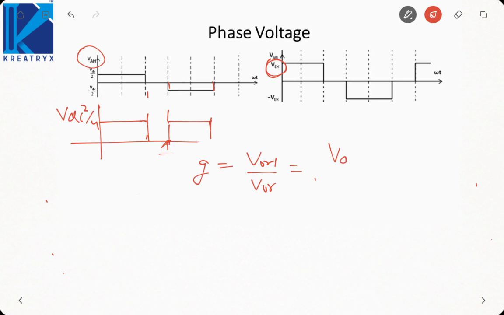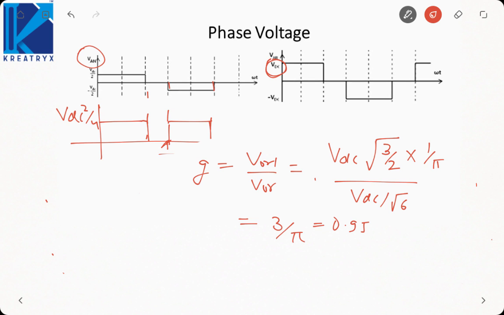So it will be VDC root 3 by 2 1 by pi divided by VDC upon root 6. So it will come out to be 3 upon pi, which is 0.95. That means total harmonic distortion will be 31%. Okay, same as that of 180 degree conduction mode. That means even if you use 120 degree conduction mode, you do not get any benefit in terms of harmonics.